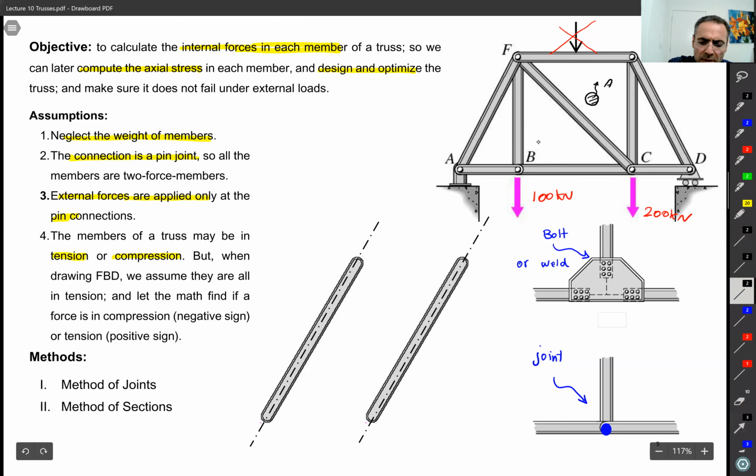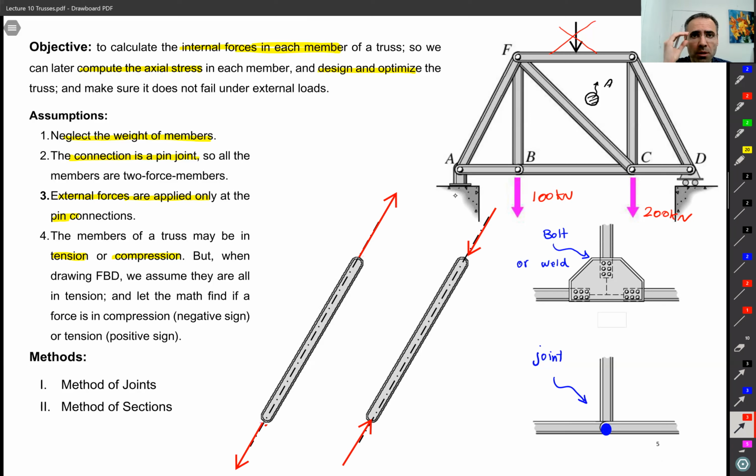The loads are either tensional, like this one, or compressive, like this one. We don't know if they are under tension or compression, but it's important for us to know, and it's complicated to figure out by just sensing. So what we do is assume that all the members are under tension.